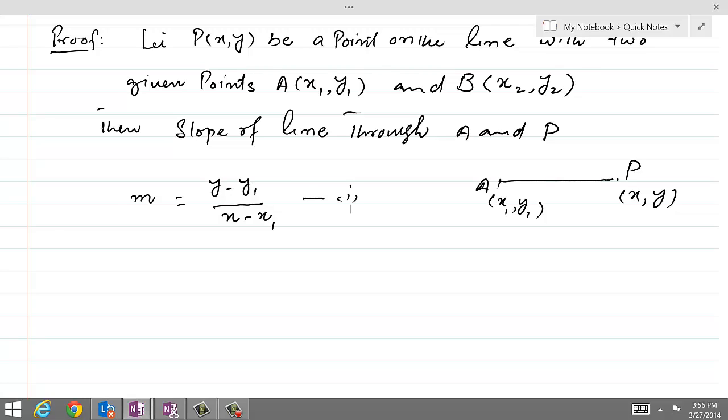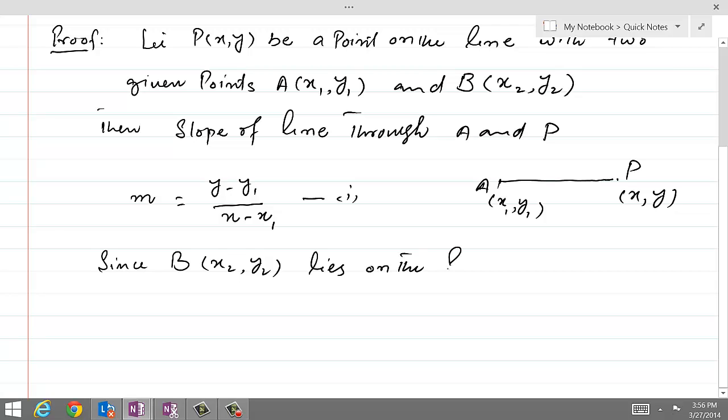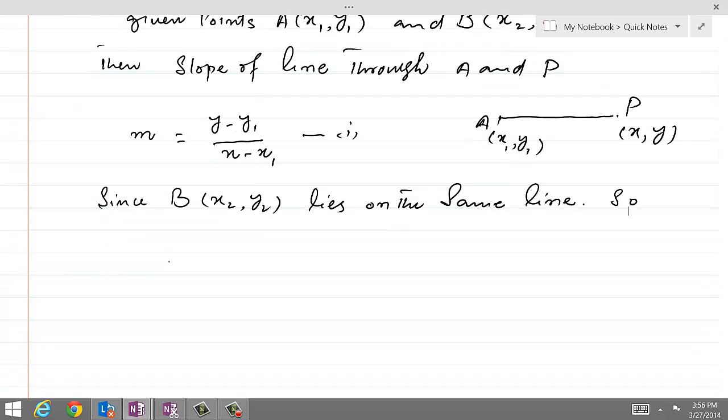But because point B (x2, y2) also lies on the same line, we can also find the slope of AB. So what is the slope of AB?